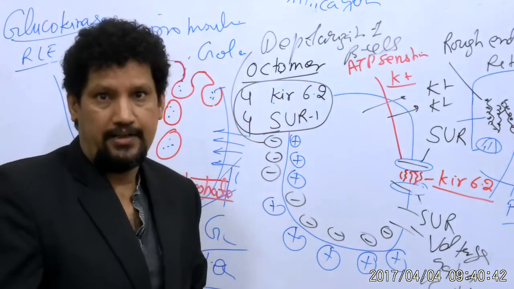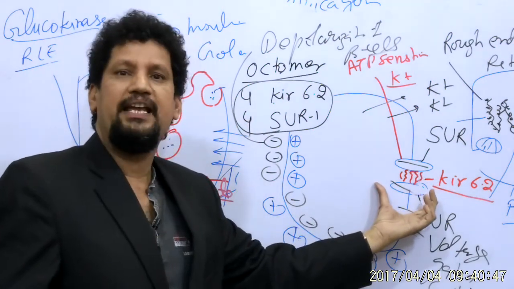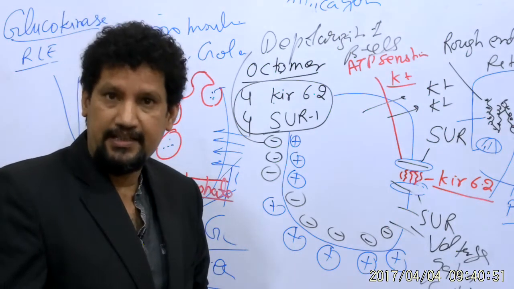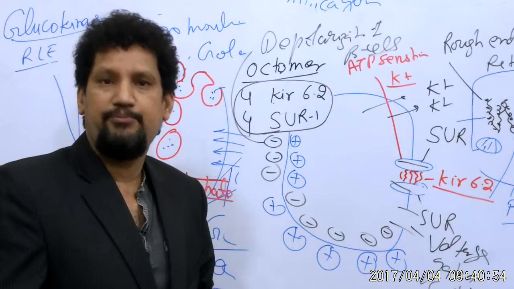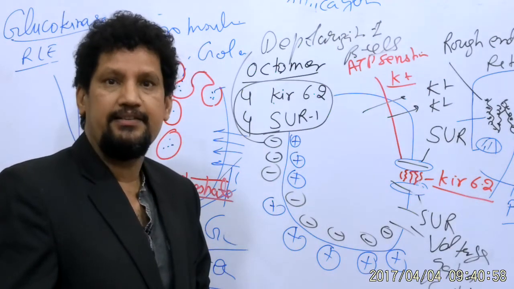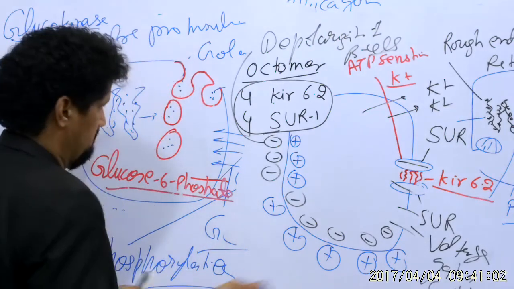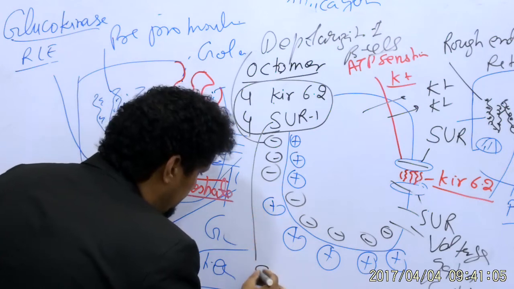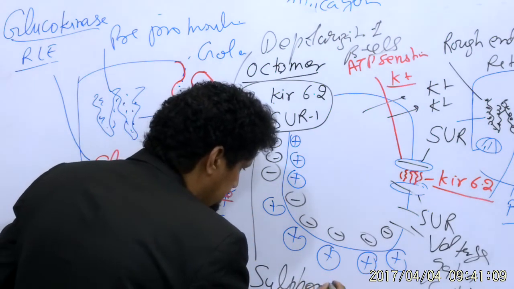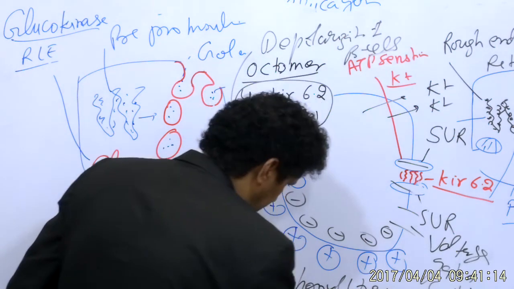These SUR units of the potassium channels play a key role in the modern treatment of diabetes mellitus type 2, the oral hypoglycemic drugs in type 2, especially the sulfonylurea drugs.